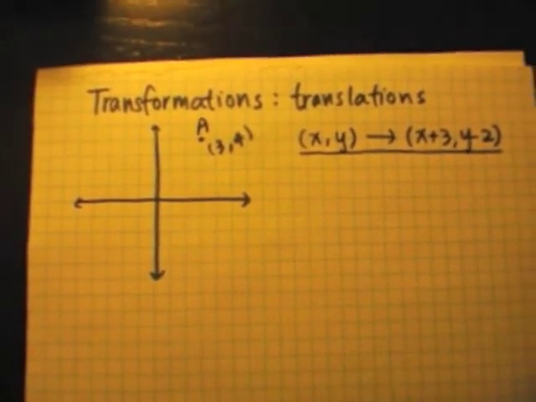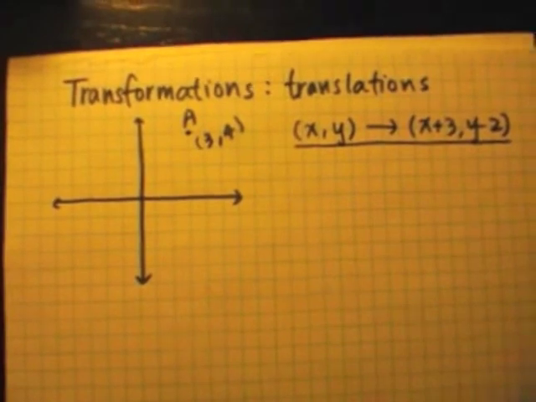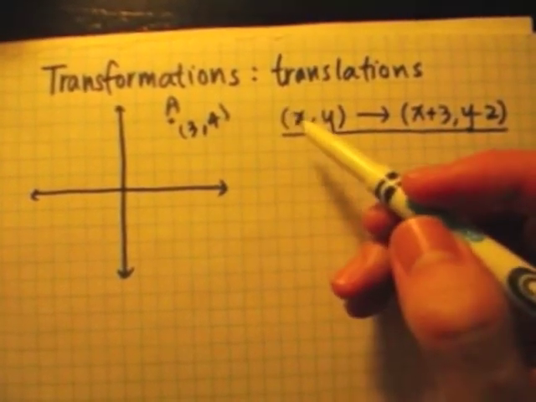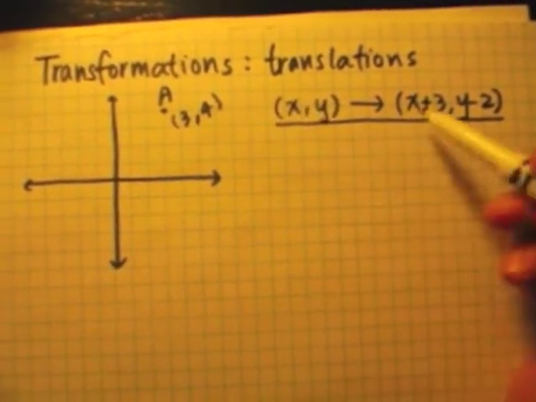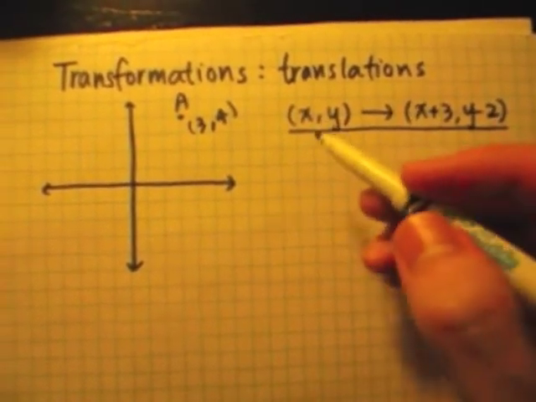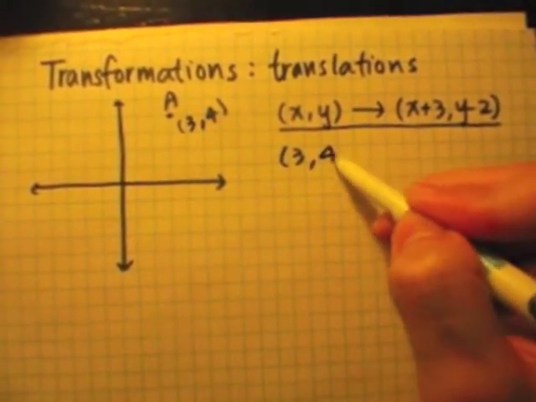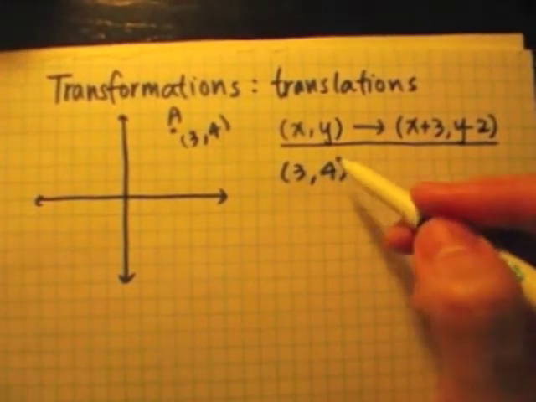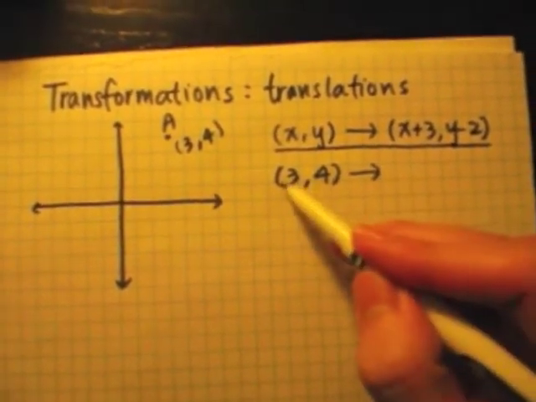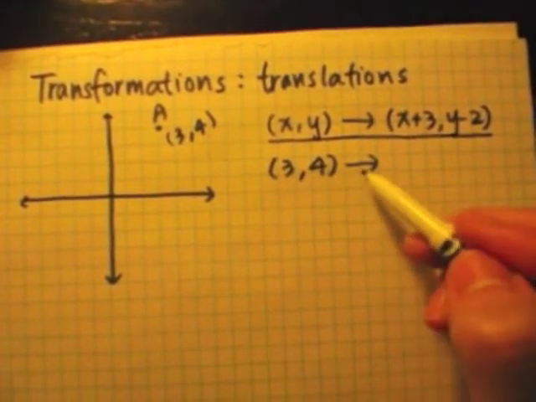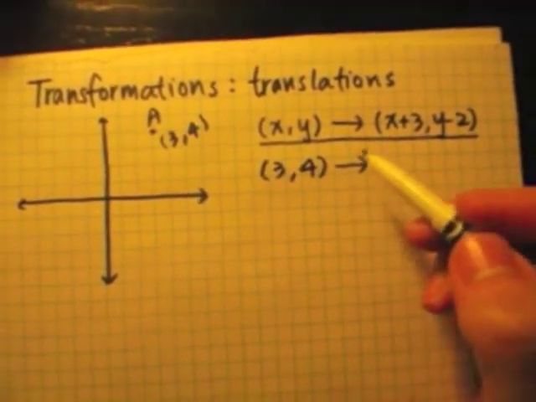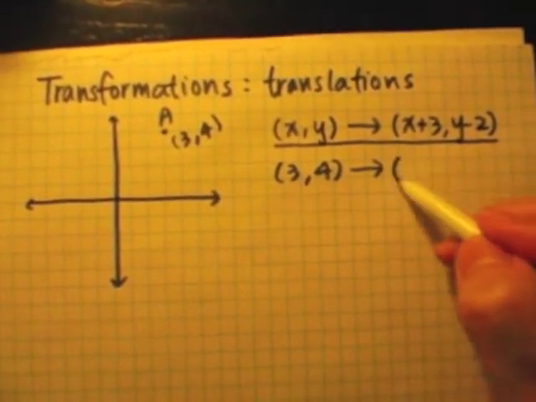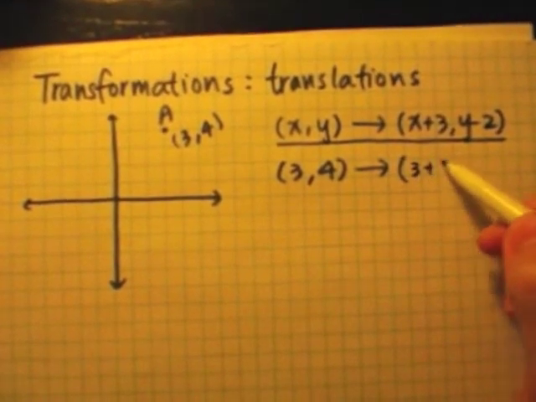Perfect. Once you establish what your coordinate is, there are two ways to go about this problem. You can directly substitute the x value and the y value into this rule. Let me show you how that works. I substitute x is equal to 3, and y is equal to 4. So the coordinate (3, 4) becomes, this arrow is telling us that this coordinate is going to change into the coordinate (3 plus 3, 4 minus 2).